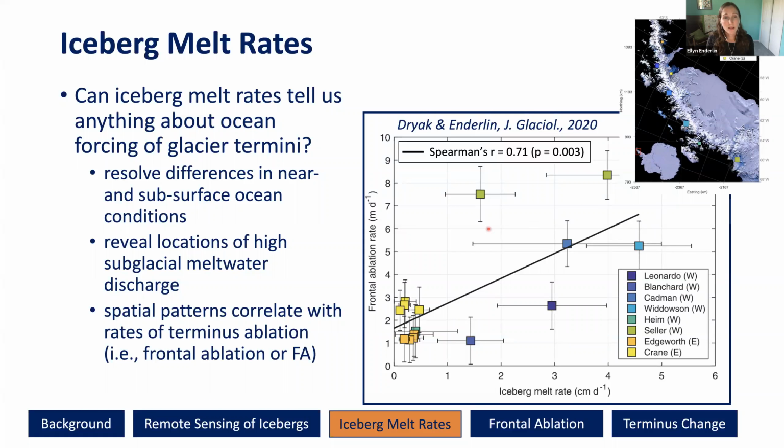And although there's a lot of scatter in here, what she found was there's a significant relationship between iceberg melt rates and glacier frontal ablation. So it suggests that even in this relatively cold location, submarine melting of the glacier terminus is probably influencing the frontal ablation and the terminus position variability.